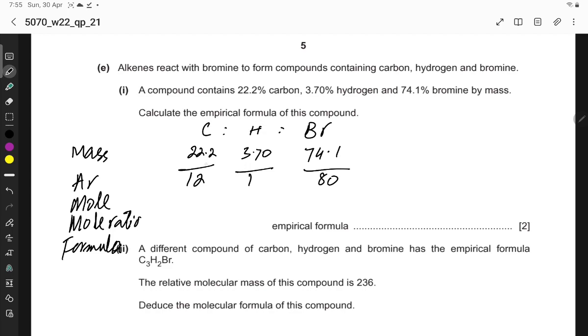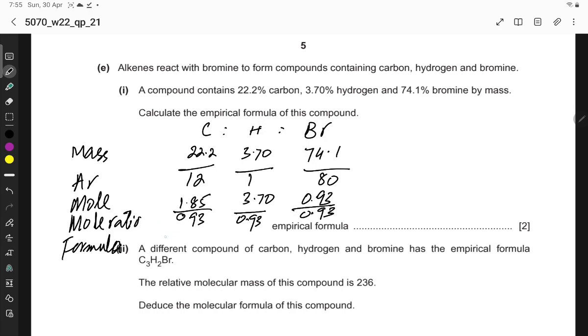The moles are 1.85, this is 3.70 and this is 0.93. Divide by the lowest value to get the mole ratio. So the lowest value is 0.93, 0.93 and 0.93.